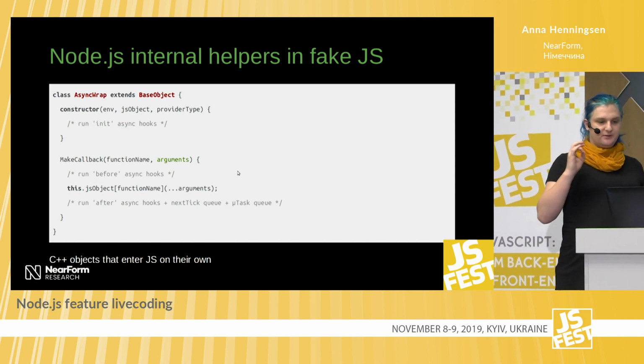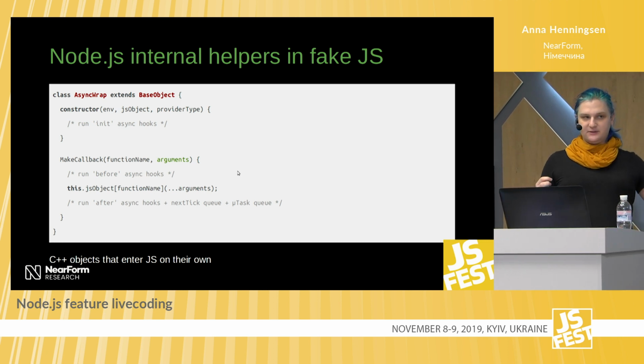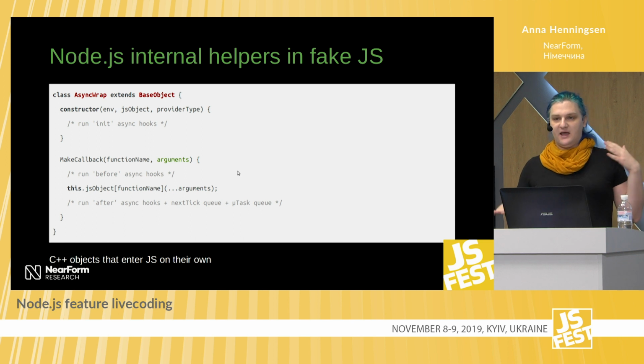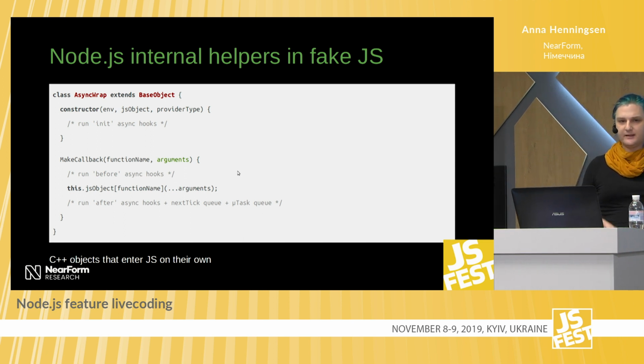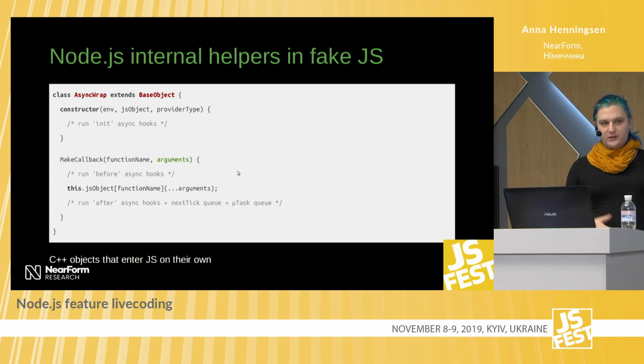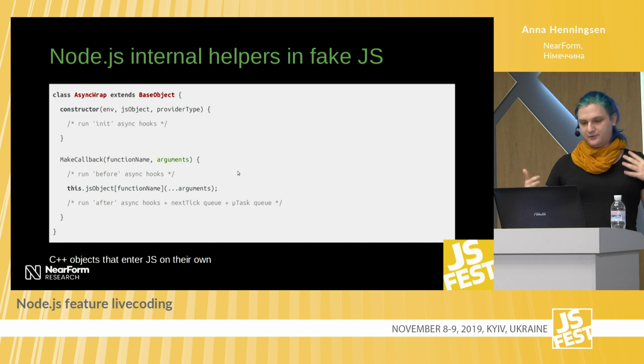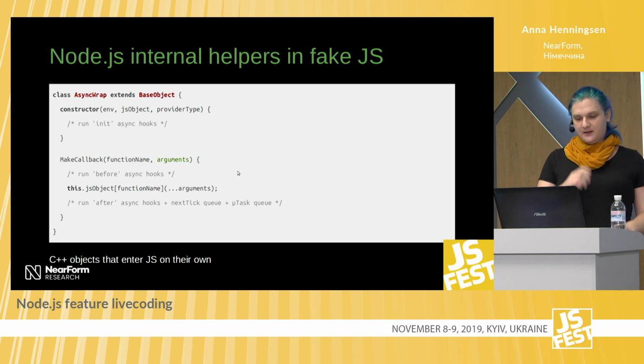And so what we do in that case is we have to run the nextTick queue and the microtask queue, so promises, directly afterwards. The way this is implemented is, whenever we call into JavaScript, we run the nextTick queue, and that in turn calls the microtask queue.